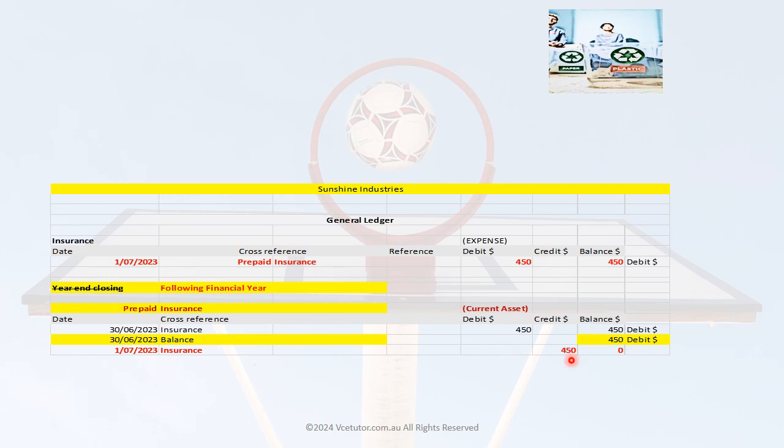We are transferring or reversing out what we had here. The entry that we had earlier on 30th June, we are reversing it on 1/7/2023. To reverse means whatever balance was there, you put the same amount of balance from the running balance account. If it was on the debit, you put it on the credit. If the balance was on the credit, you put it on the debit to close it out.